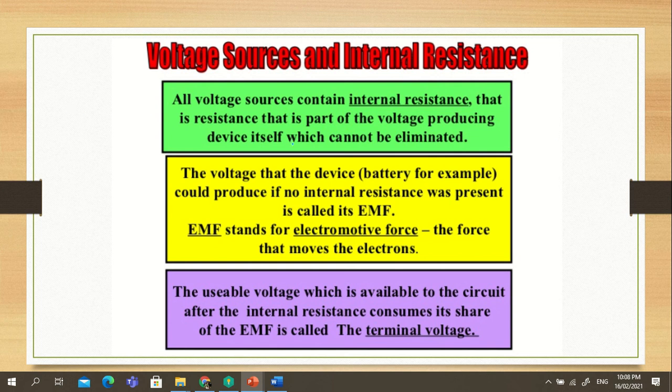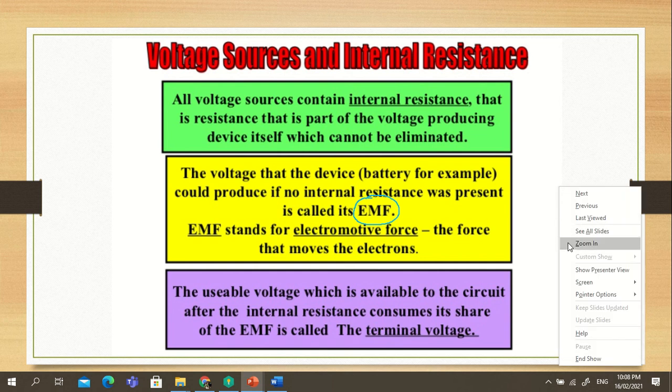The voltage that the device, say a battery, could produce if no internal resistance was present is called EMF, electromotive force. If there is no internal resistance, that is called EMF.